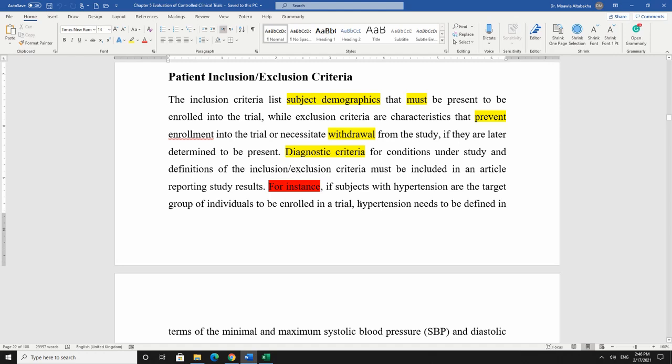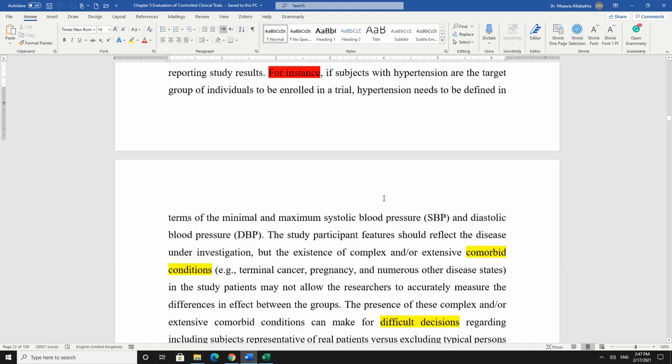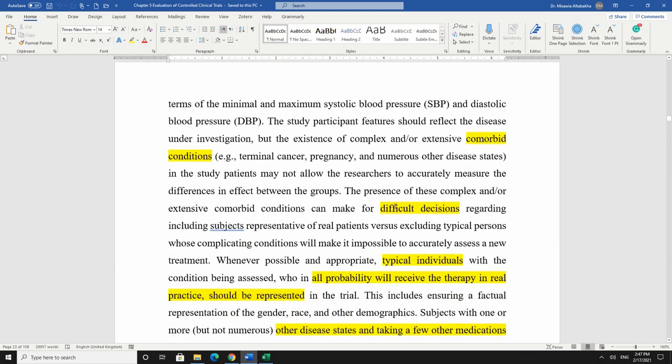And when we do a comparison between the two groups, the only thing that should contribute to the effect is the drug. I don't want anything, for example, kidney failure or liver dysfunction, to also influence the results. Usually it's a difficult decision to make when we list the inclusion and exclusion criteria.